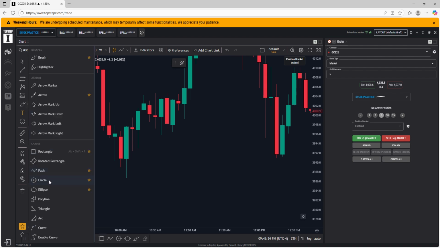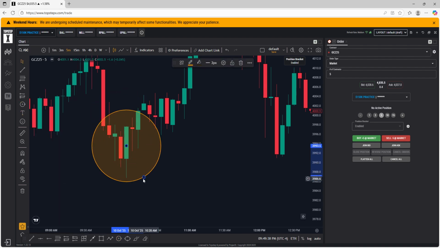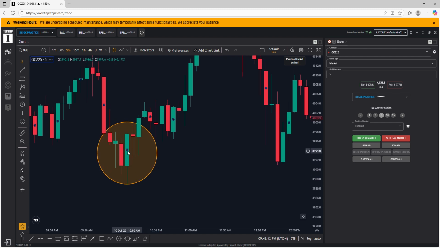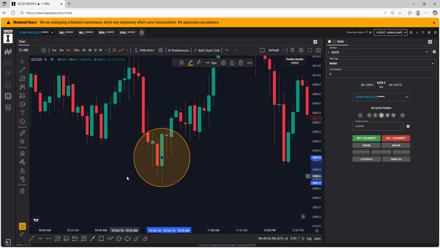Oh, let me get this circle. So this candle completely swallows up this candle, the wick and the body. And this is the lowest point.